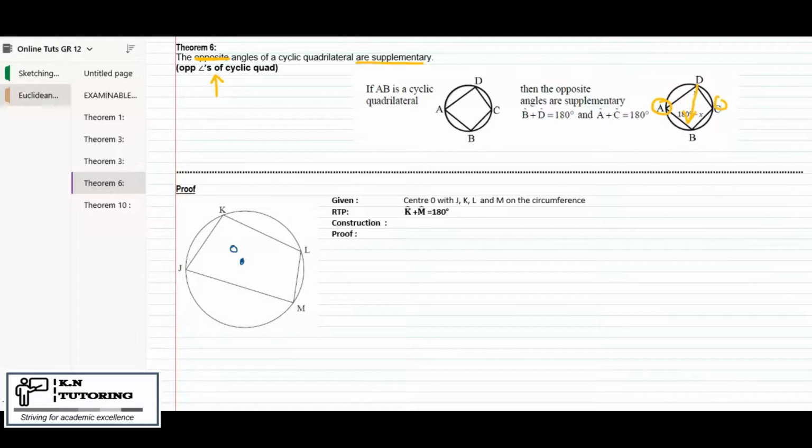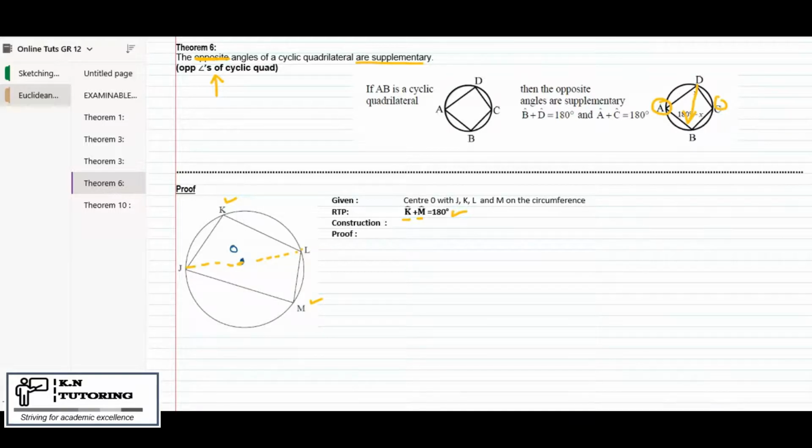And what are we required to prove? We are required to prove that angle K plus angle M equals 180 degrees. So in terms of construction, since they want to look at K and M, we are going to construct J to O and O to L. I'll repeat that.